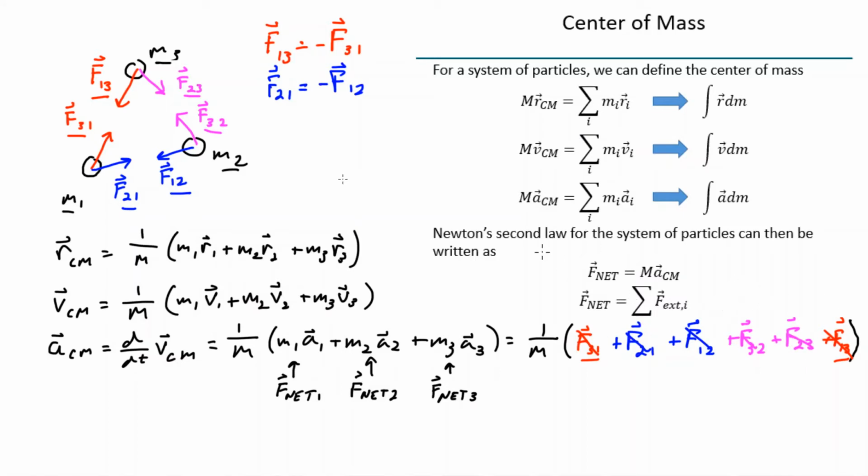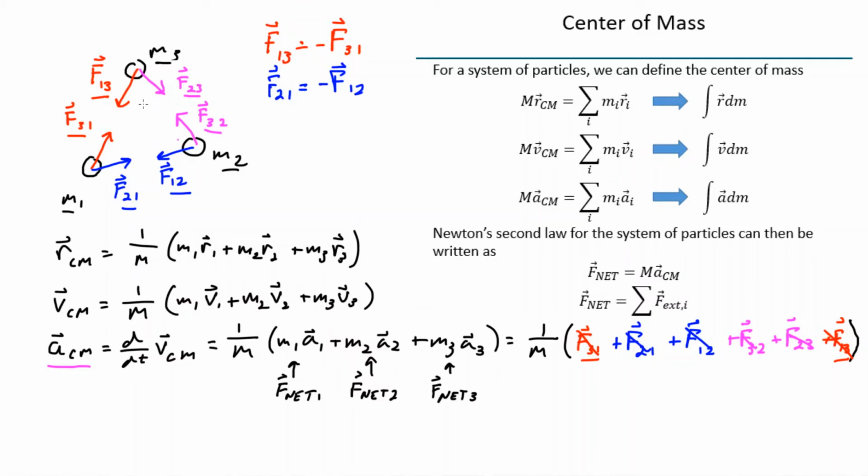So even though the net force on each individual mass here is non-zero, and therefore the acceleration of each individual mass is non-zero, when I sum up all these forces to get the acceleration of the center of mass, I find that all of these forces between the masses just cancel out. They don't contribute to this acceleration. All these forces are internal forces.